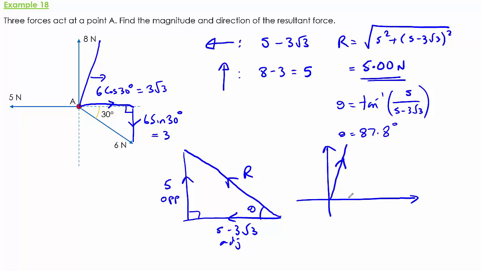So it's actually going to go that sort of way. I've drawn it this way, but actually my triangle is that way. That's what that's showing. And that's 87.8 degrees. And the diagram shows it better than writing out a sentence in English, so that's all good.